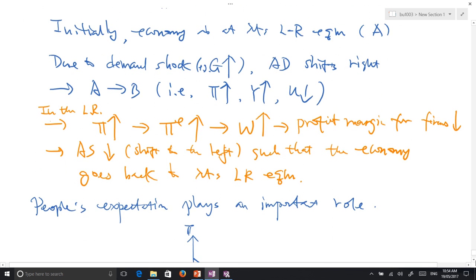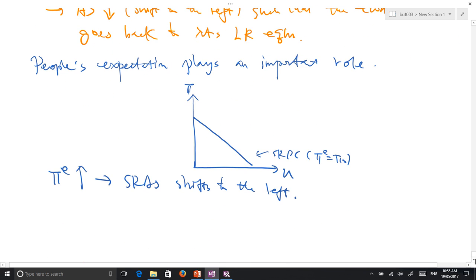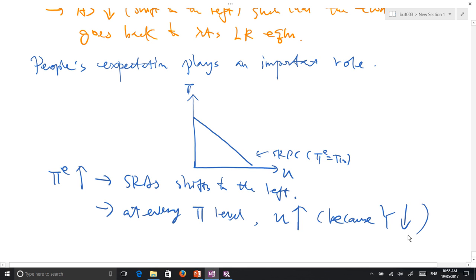So we see that at every inflation level, unemployment rate goes up. Unemployment rate goes up because output goes down. The short run aggregate supply curve shifts to the left. So, for example, previously at pi 0, the unemployment rate is u0.